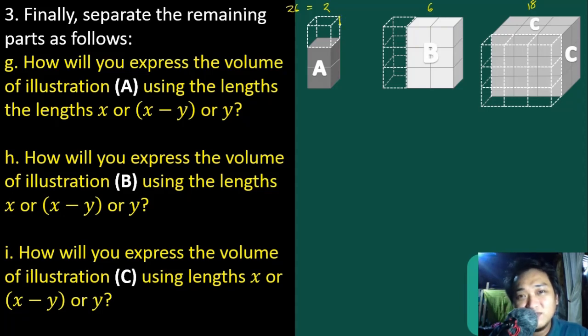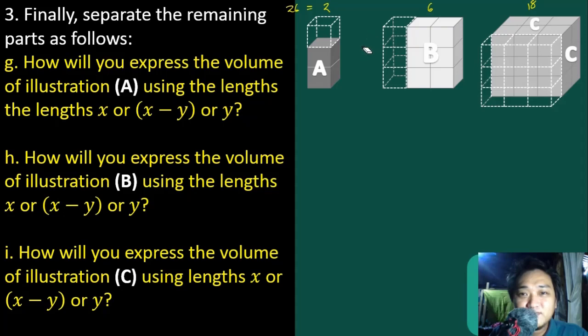Yung x minus y, yung height niya pag nabawasan ng dimension ni y, so that will be x, pero since binawasan natin nito, that will be x minus y. So yun yung pagkakapaliwanag natin kanina.